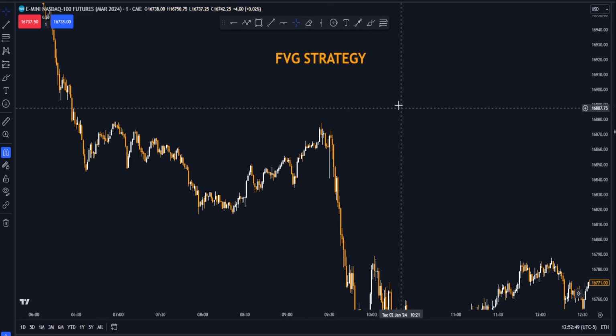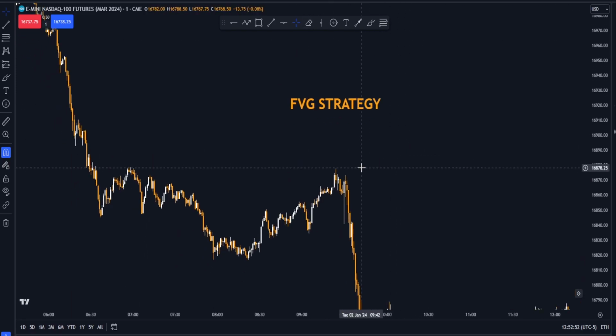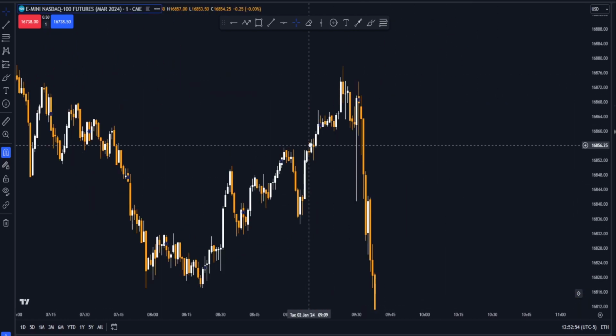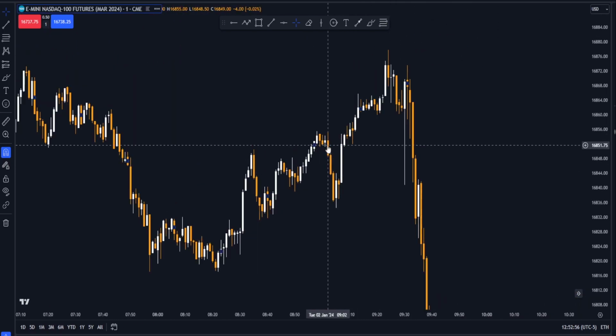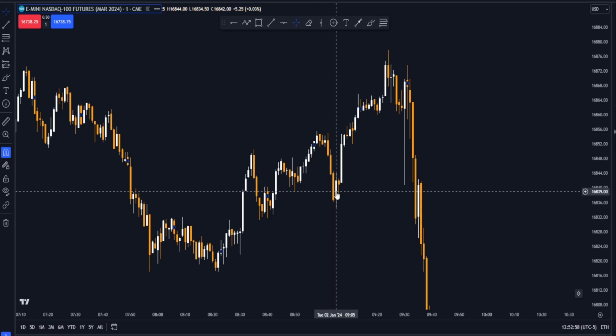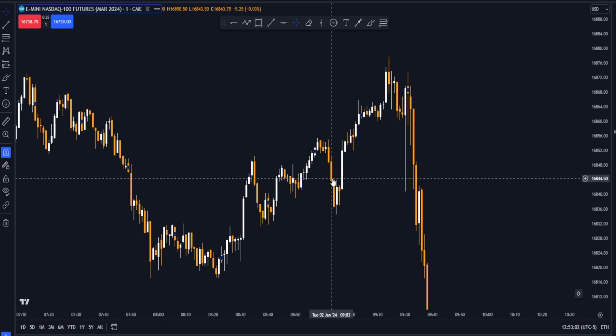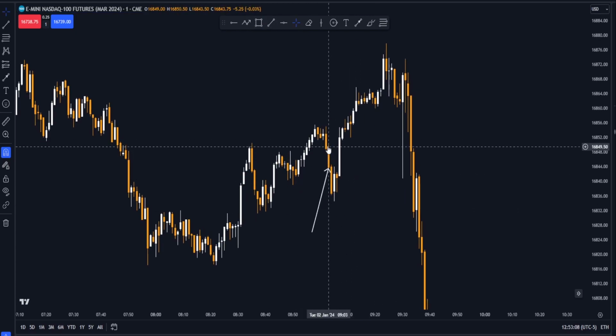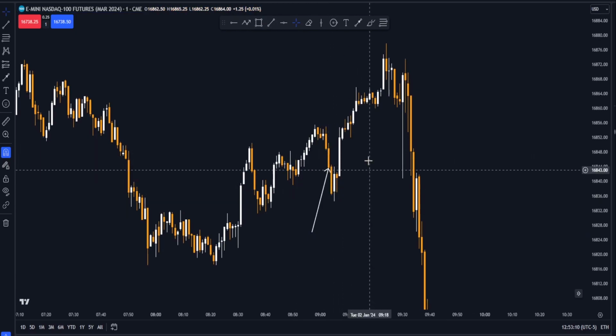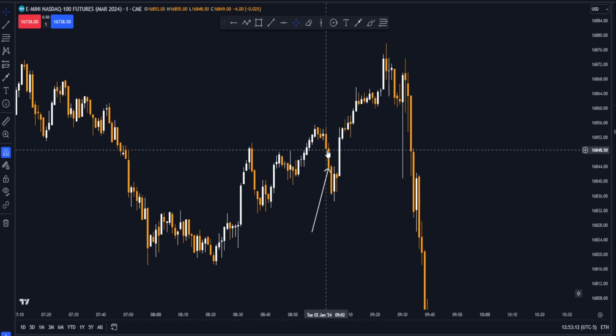So first, for those that don't know what fair value gap is, it's very simple. It's a set of 3 candles, just like here, where the middle one has this gap in between. So this right here is a bearish fair value gap because the first candle's low is higher than the third candle's high.